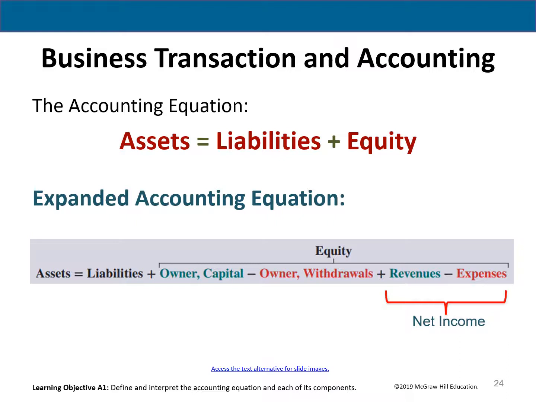Assets equal liabilities plus equity. Assets, anything the company purchases and owns. Cash is an asset. Furniture, buildings, land, supplies. These are some of the common assets you're going to see in the beginning. There's another asset called accounts receivable. And accounts receivable is where the company keeps track of any amounts customers owe to them.